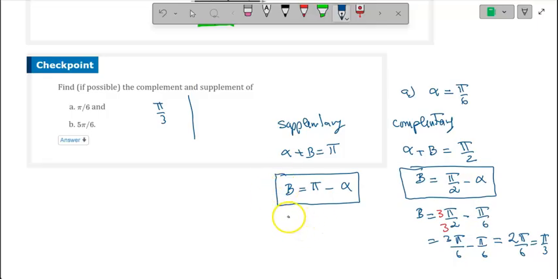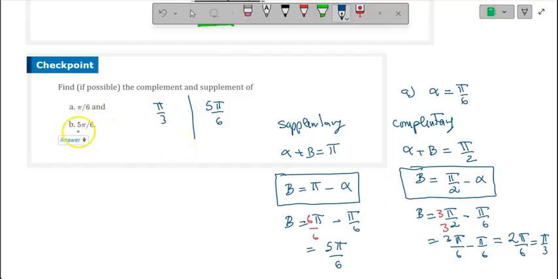And if I do this, beta is going to be pi minus, I'm still in A, right? So pi over 6. And I get the same denominators, so this is going to be 6 over 6. And this is going to turn into 5 pi over 6. All right. And this is 5 pi over 6.